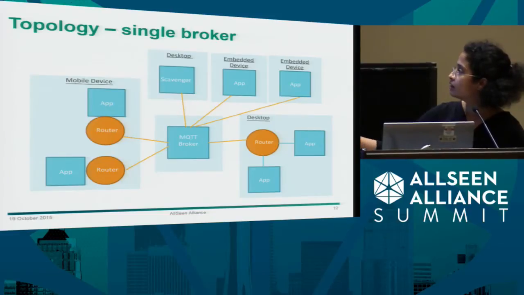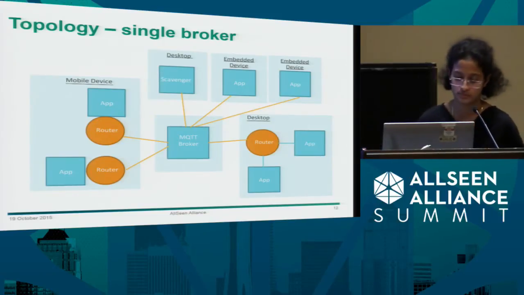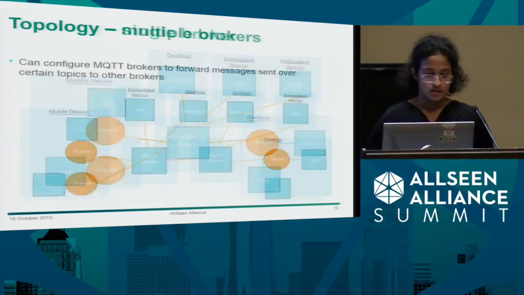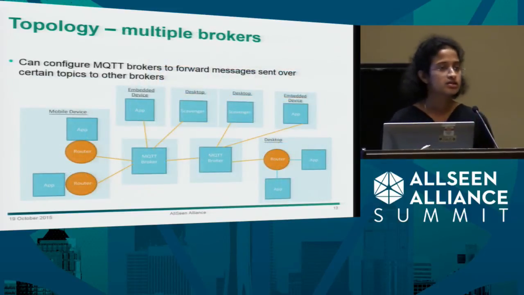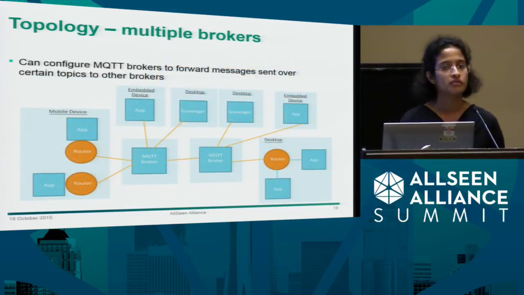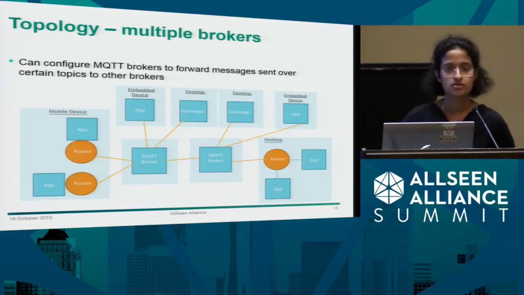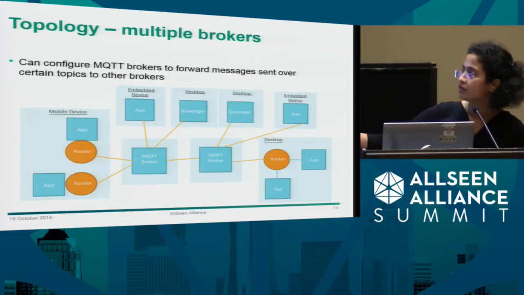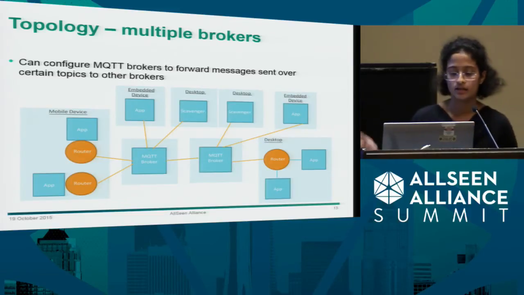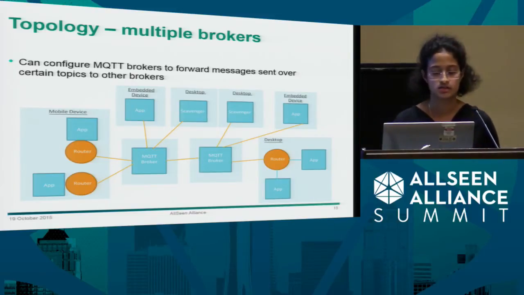And these are the standard applications that connect to either a standalone or a bundled router that connects to the broker. Brokers can be configured to forward certain messages over certain topics to other brokers. So this is the topology wherein two brokers are connected to each other and all the messages can be routed.